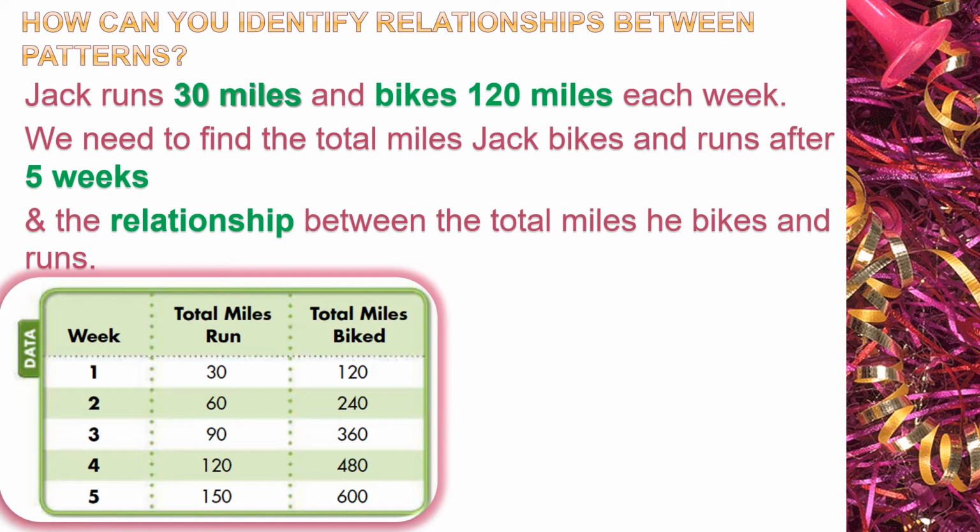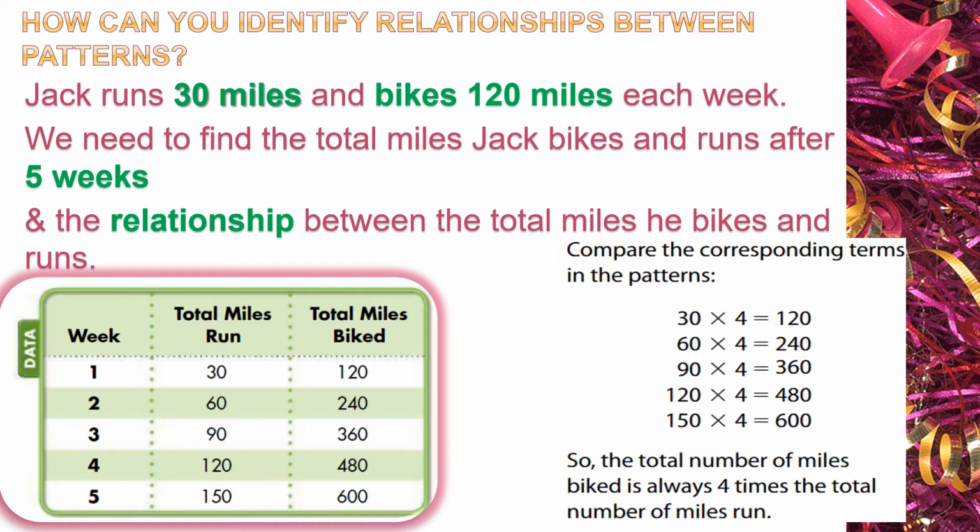Now let's find the relationship between the total miles he bikes and runs. Now when we compare the terms here, 30 times 4 gives you 120, 60 times 4 gives you 240, 90 times 4 gives you 360, 120 times 4 gives you 480, 150 times 4 gives you 600.